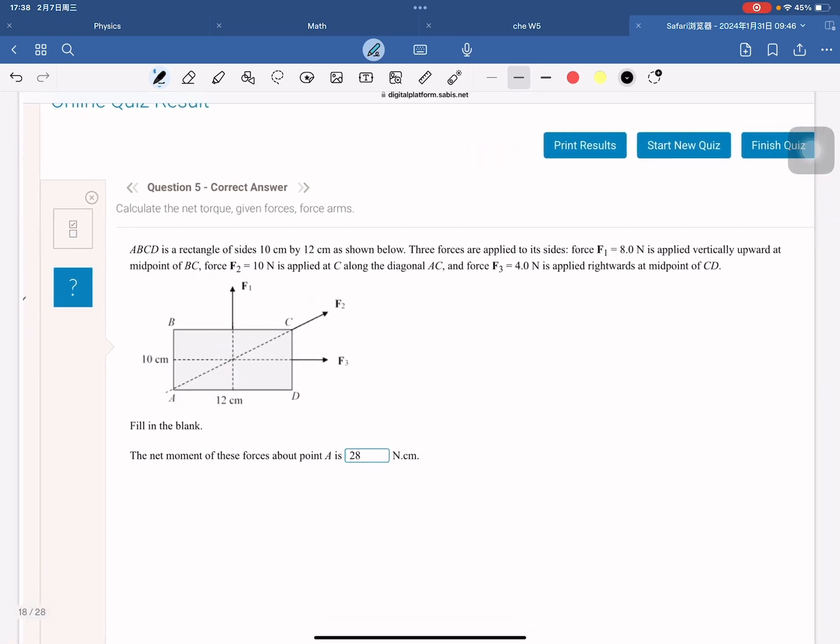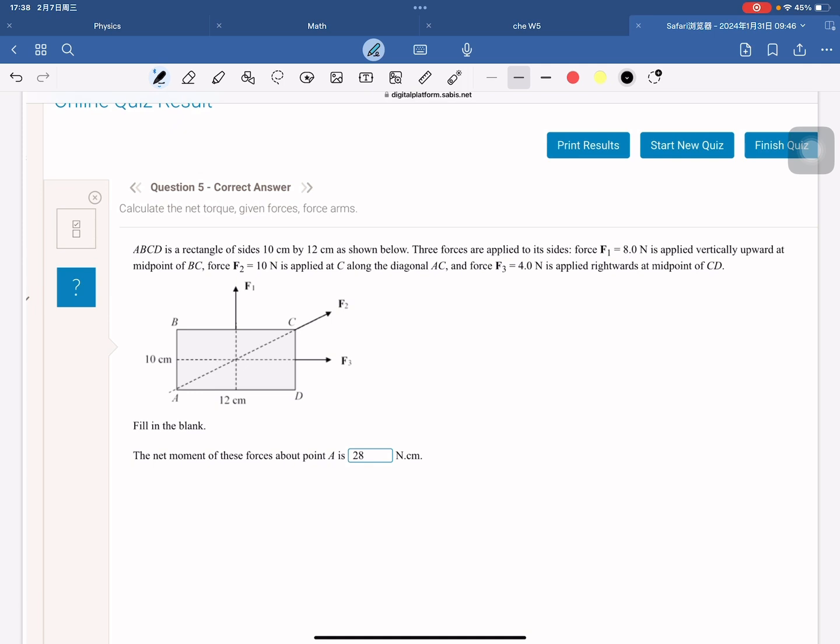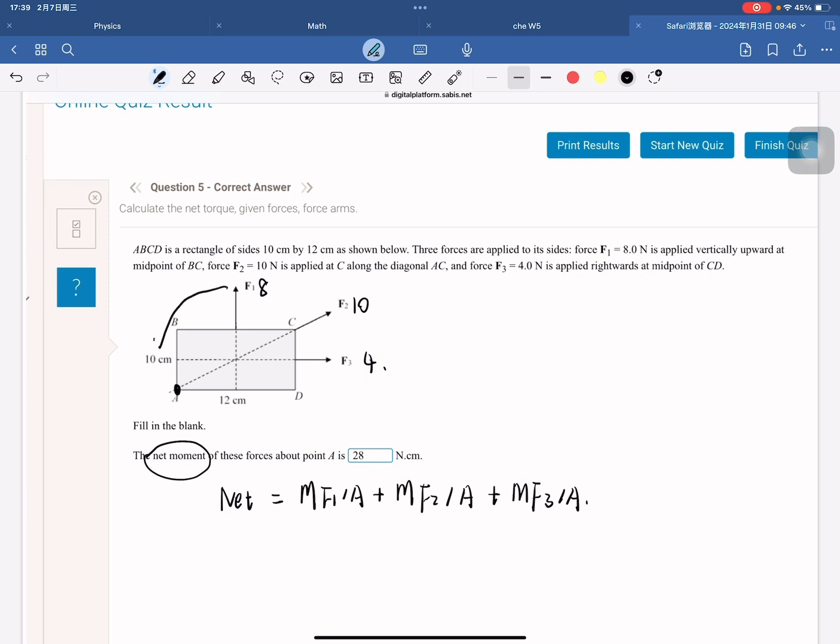Question 5. First we know F1 equals 8, F2 equals 10, F3 equals 4. We need to find the net moment. So the net moment is equal to M of F1 on A plus M of F2 on A plus M of F3 on A. First we find whether F1, F2, F3 is clockwise or counterclockwise from point A. F1 is moving counterclockwise, so it's positive.